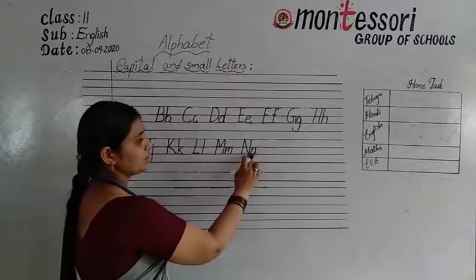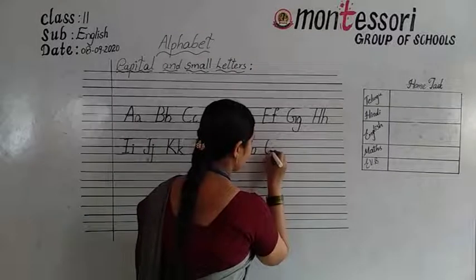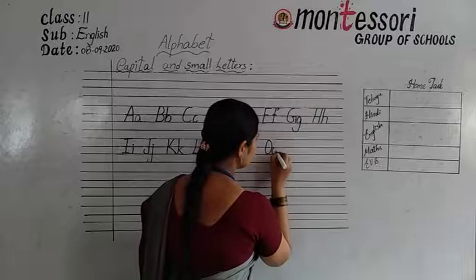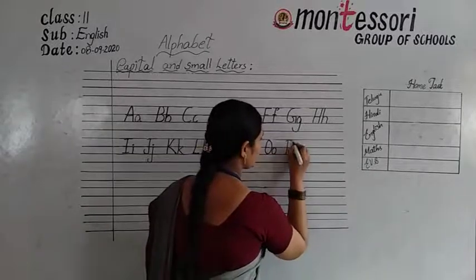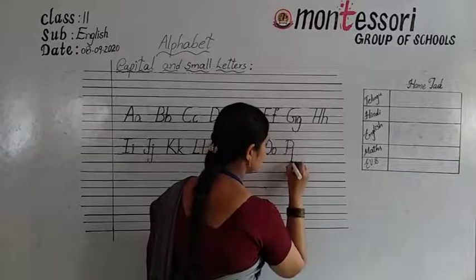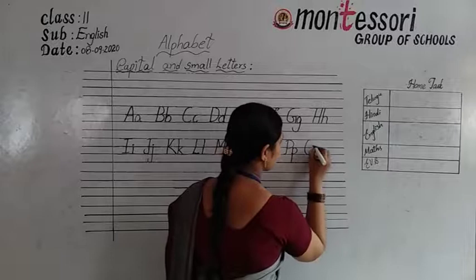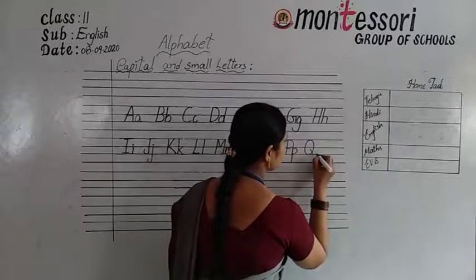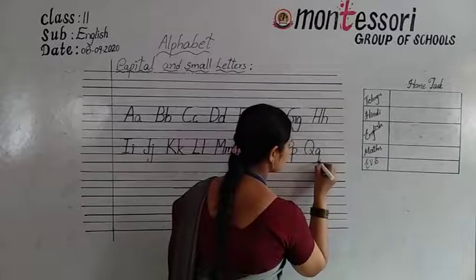Capital N, small n. Capital O, small o. Next, capital P, small p. Capital Q, small q.